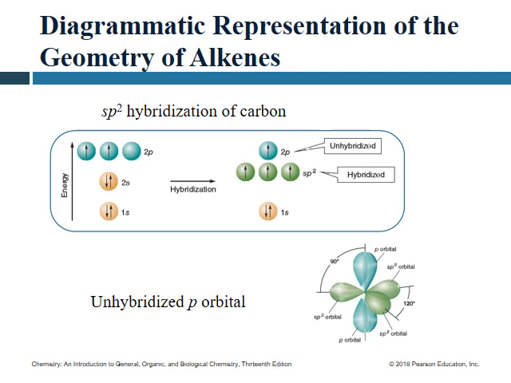Now let's talk about the diagrammatic representation of the geometry of alkene. Like we already discussed for alkane, the hybridization state. Similarly for carbon in alkene you have the same orbitals, and after promotion an electron is moved to the top p orbital.